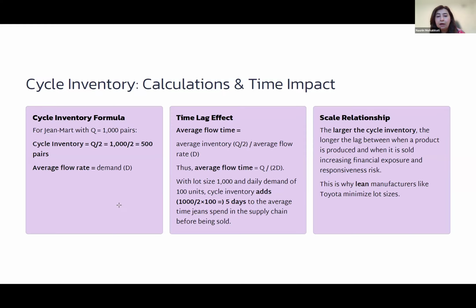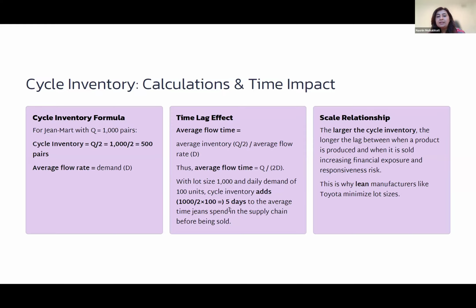In order to calculate our average flow time, we need average inventory divided by average flow rate, which is the demand rate. So Q divided by 2, divided by D, thus becomes Q divided by 2D. And then it's very simple in our example: 1000 units of Q divided by 2 multiplied by 100, which was the demand rate.